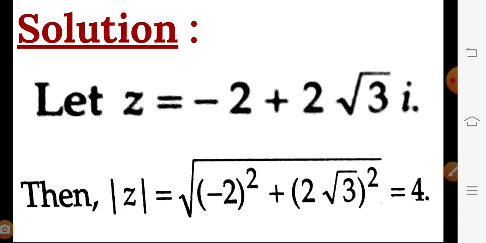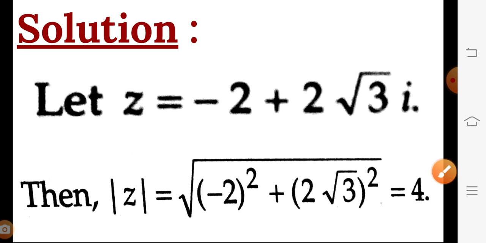Then let z is equal to minus 2 plus 2 root 3i. What we know about the modulus: we take the sum of the squares of the real and the imaginary part, and then we find the root of that value. Then easily we get the modulus. Then mod z we get as the square root of minus 2 whole squared plus 2 root 3 whole squared.